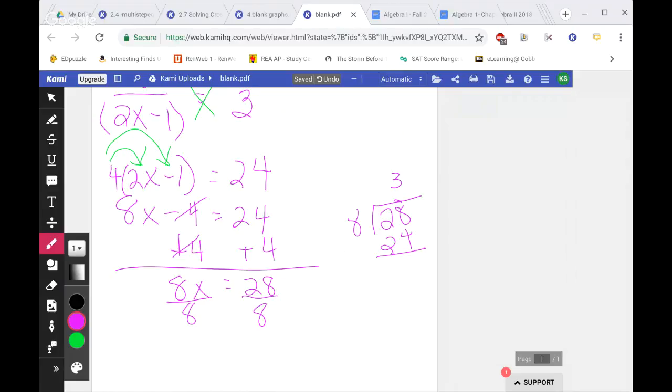And 3 times 8 is 24. 28 minus 24 is 4. And 8 goes into 40 5 times. So my answer is x equals 3.5.